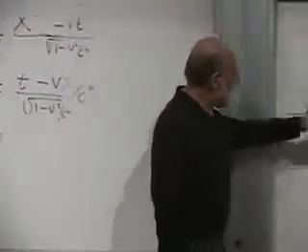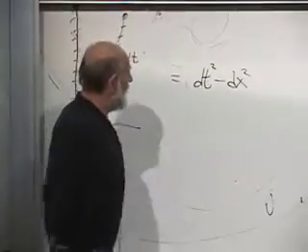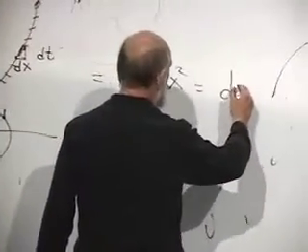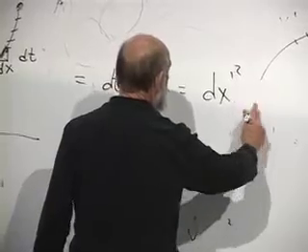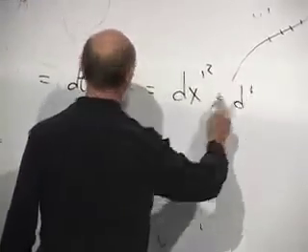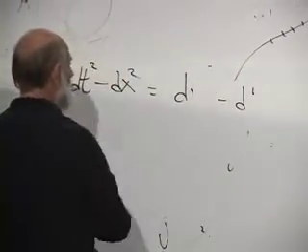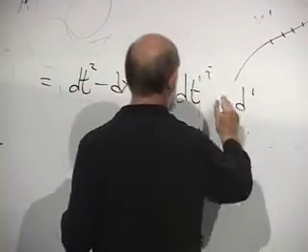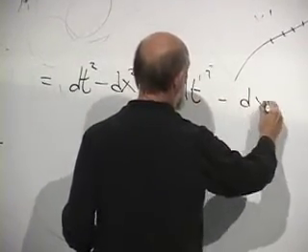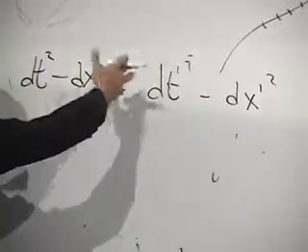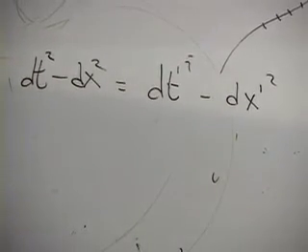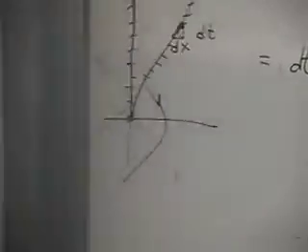Okay. This quantity is equal to dt prime squared minus dx prime squared. The same algebra goes into this as goes into showing that x prime squared minus t prime squared equals x squared minus t squared.